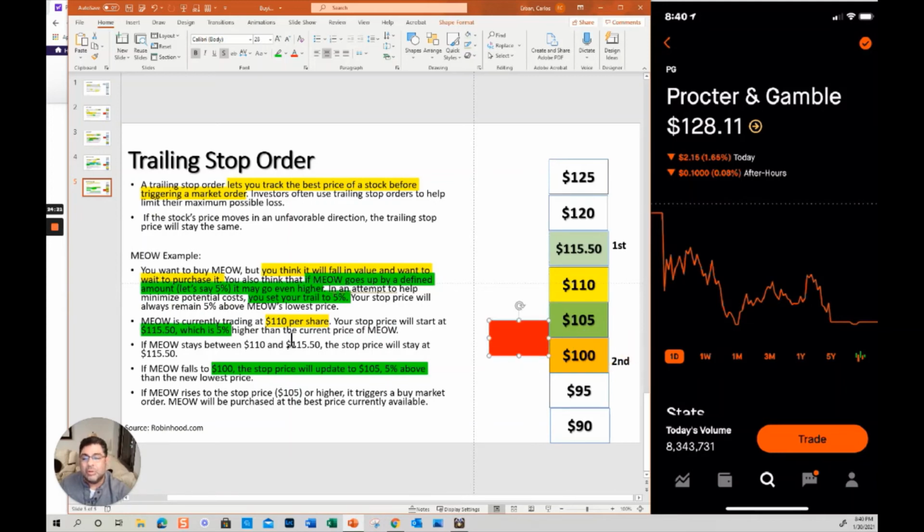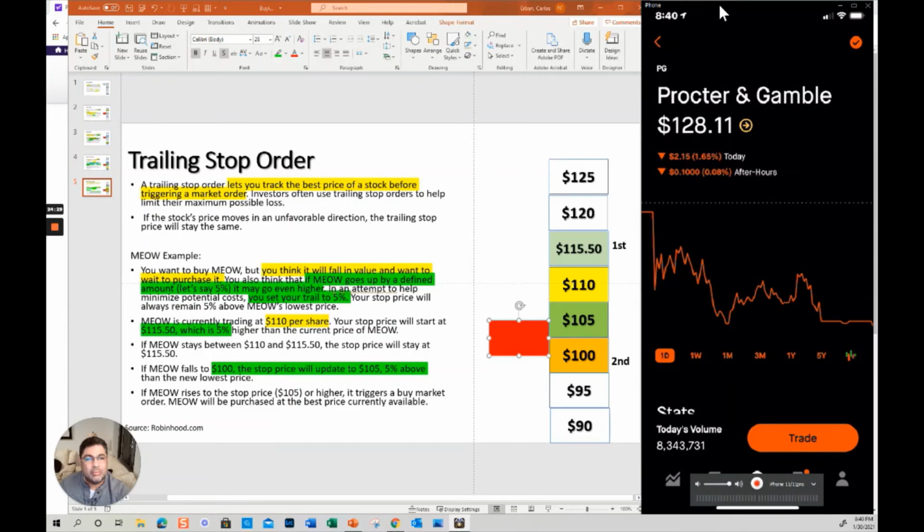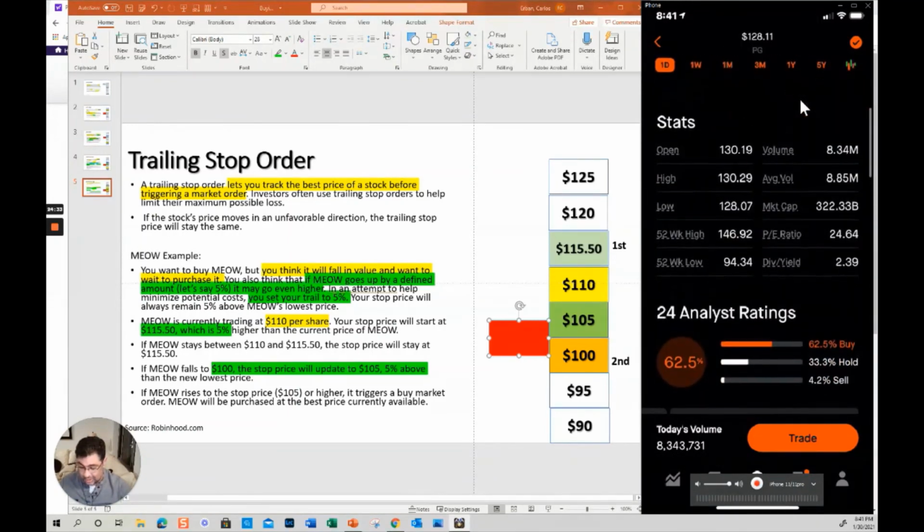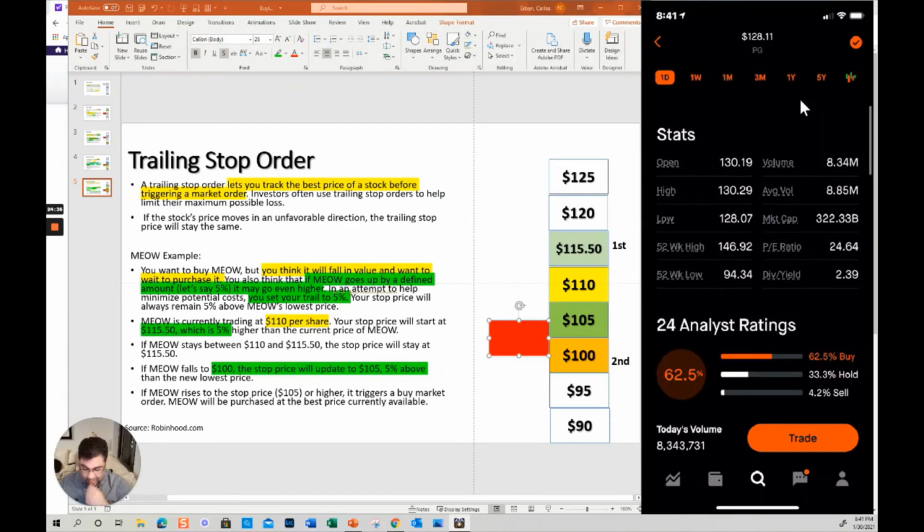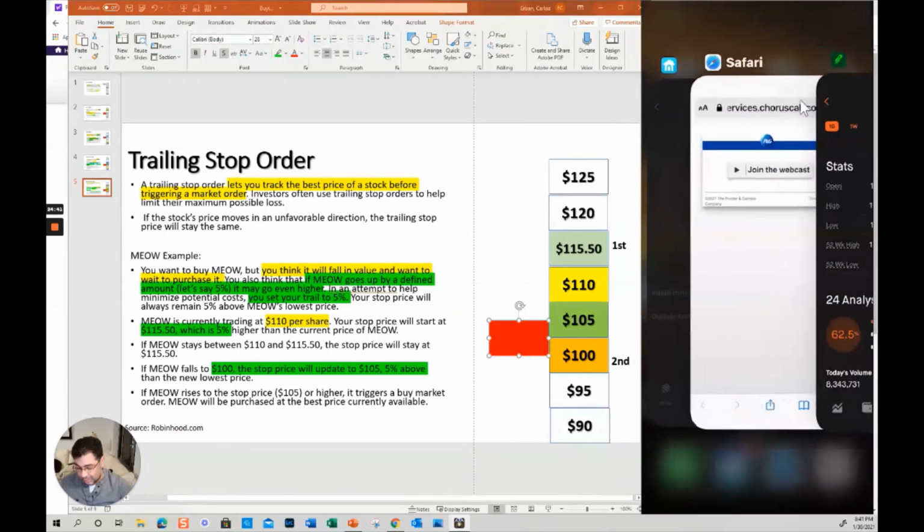Now my issue, you know, 5% seems like too much. So if I look at P&G's changes, the lowest was 126, the highest was 130. So it doesn't fluctuate that much.